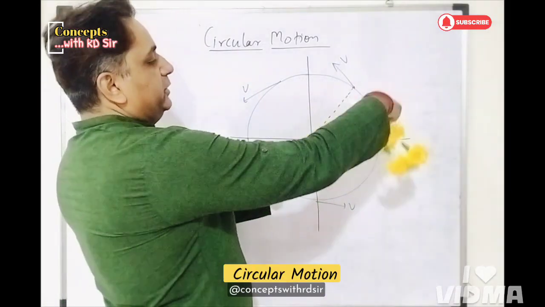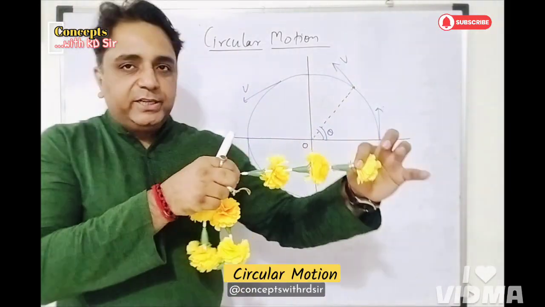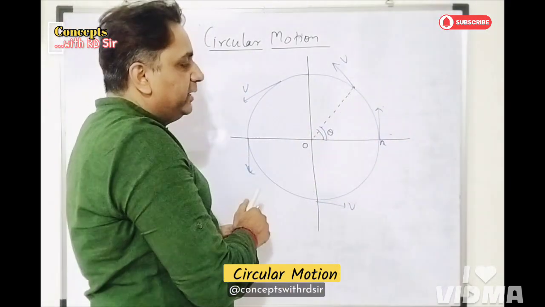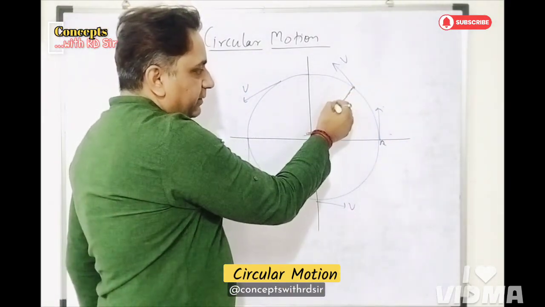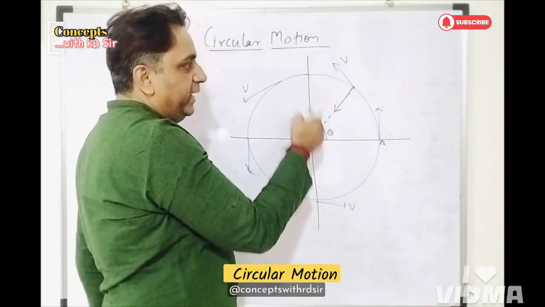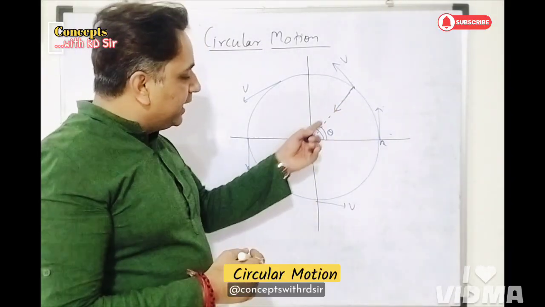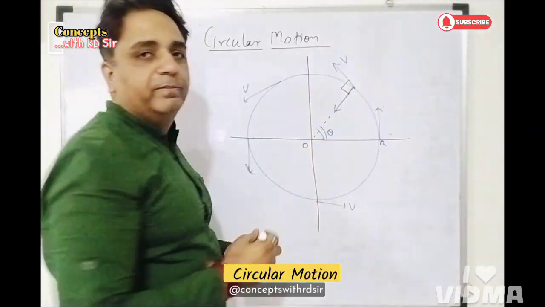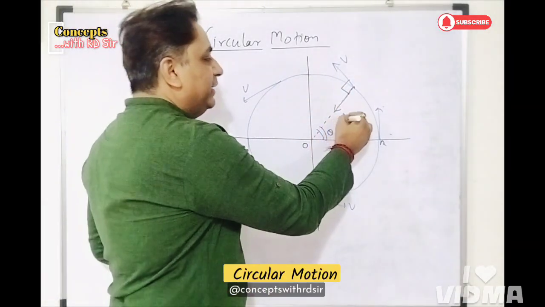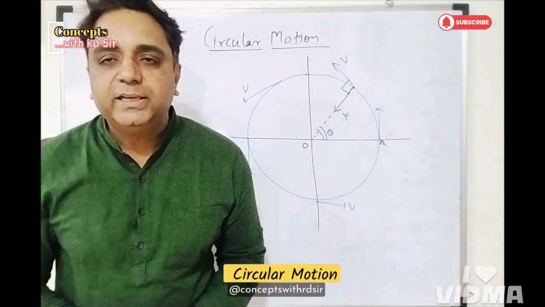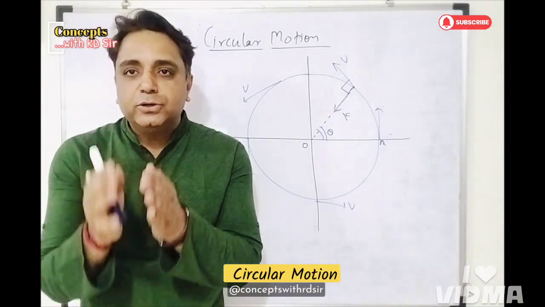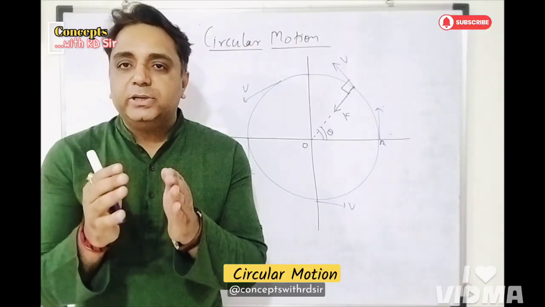Second, the string should be tight. This means one force will be applied here, directed towards the center, and this force makes 90 degrees with the direction of the velocity. What is the meaning of this? It is the necessary condition for circular motion: force and velocity should be perpendicular to each other.